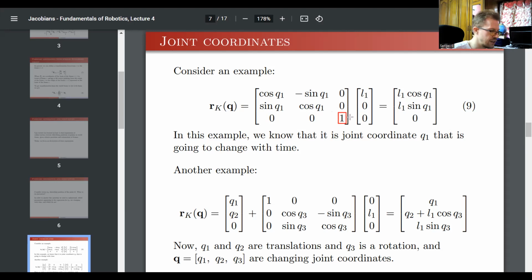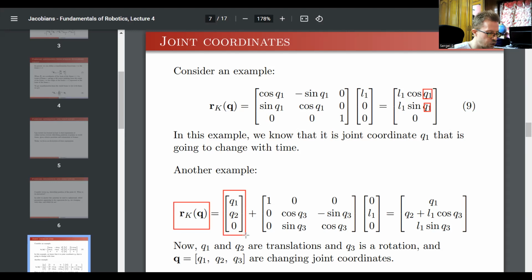So it is an eigenvector, it doesn't change. Okay, good. So consider this scenario. What you get is this vector: L1 cosine q1, L1 sine q1. So here what is changing is q1, which appears under sine and cosine. Okay, good.